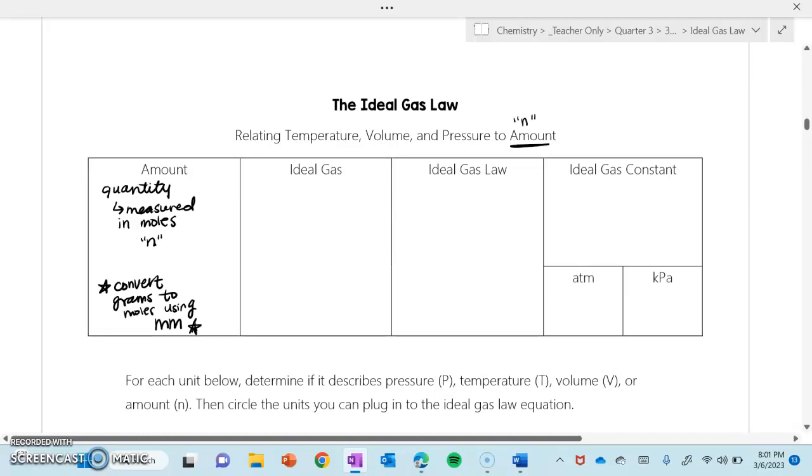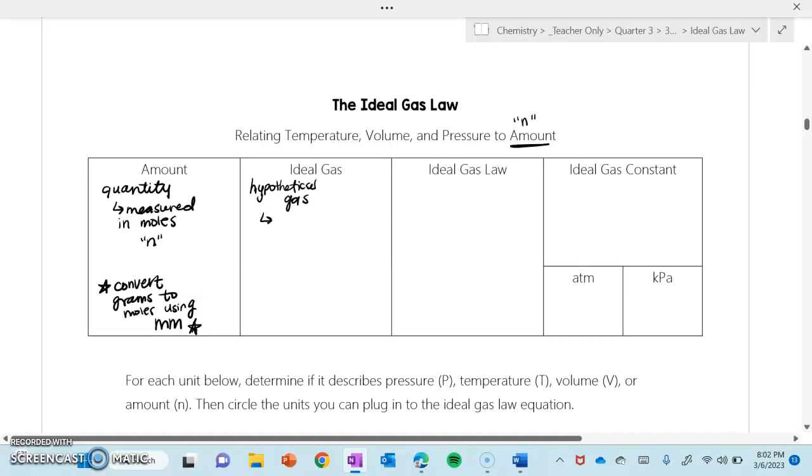Now let's talk a little bit about this idea of an ideal gas. And ideal means fake, right? It's a perfect picture. This is a concept that scientists have made up of a hypothetical gas to try to make some calculations easier.